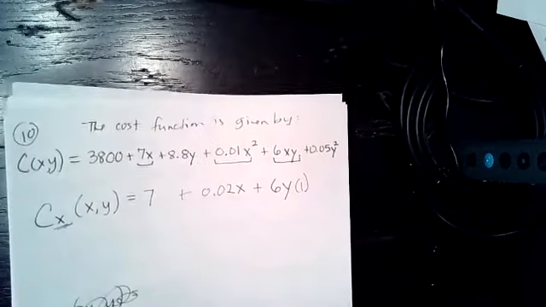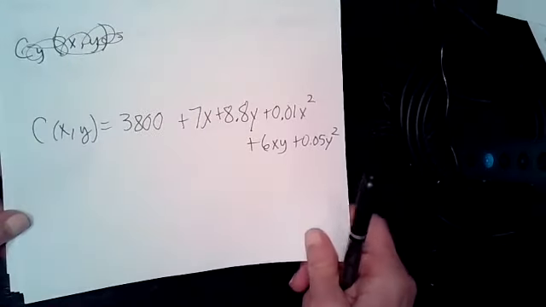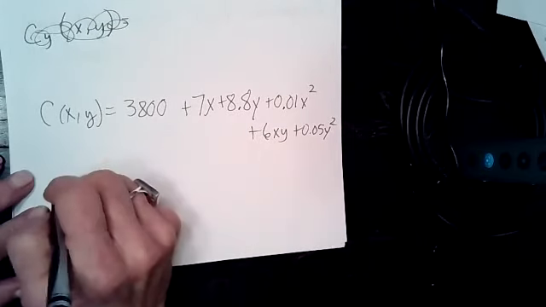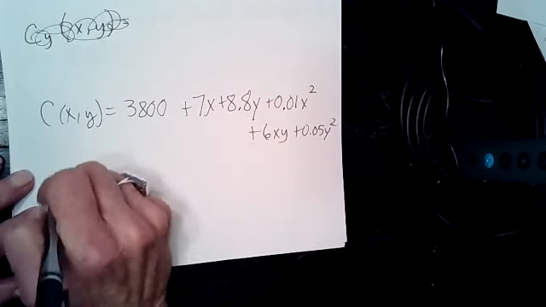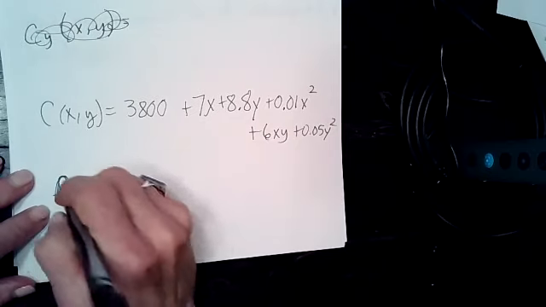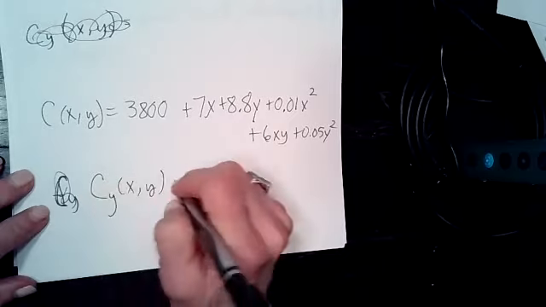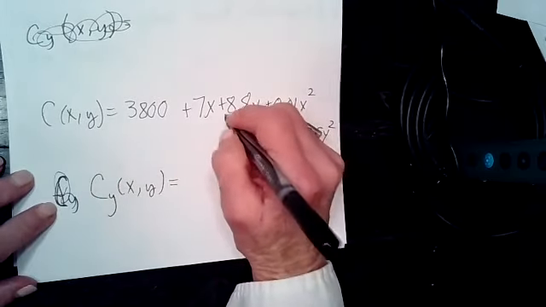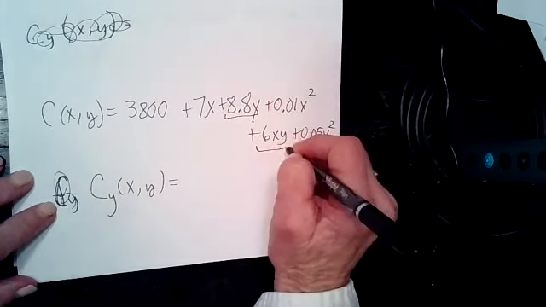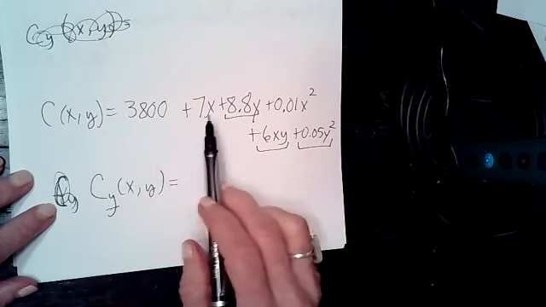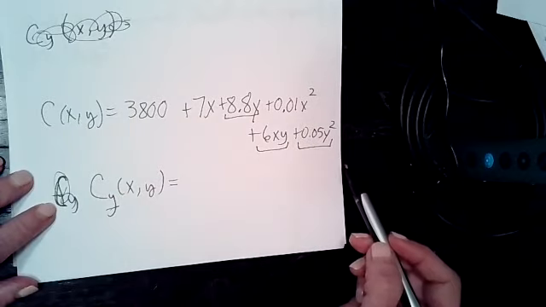All right, and I'm very ashamed that I wrote too big, and I had to go down here. But the derivative with respect to y, and this is my cost function. This is the notation they were using. Okay, so I'm going to identify my y terms. So if I take the derivative with respect to y, my x's are constant, and those derivatives are 0.